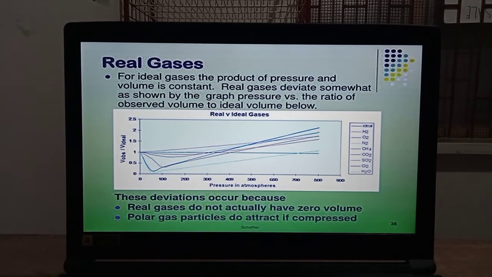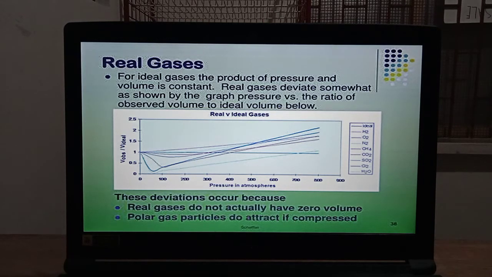While real gases deviate somewhat, as shown by the graph of pressure versus the ratio of observed volume to ideal volume below.